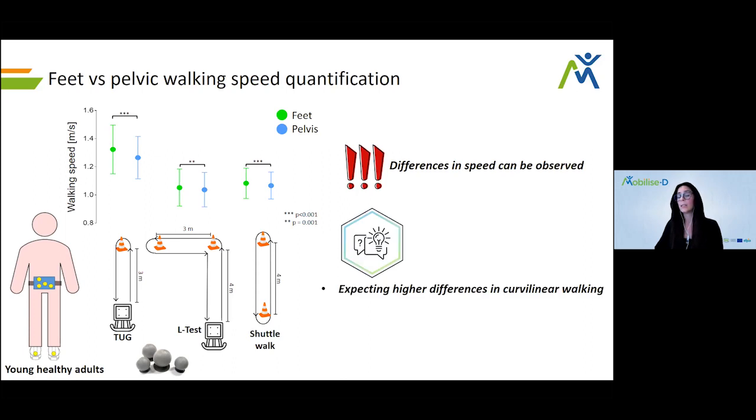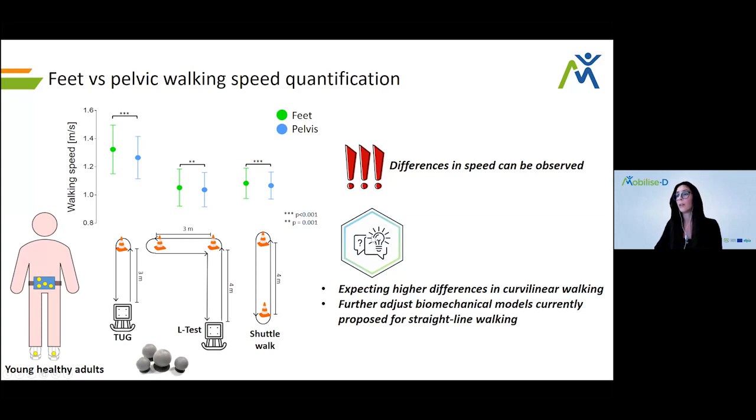The first one is that if we are going to use a biomechanical model for our single sensor unit, we are going to expect higher differences, both in length and velocity, for this curvilinear portion. And also this kind of information can be used to further adjust biomechanical models that at the moment are not designed for curvilinear portions.